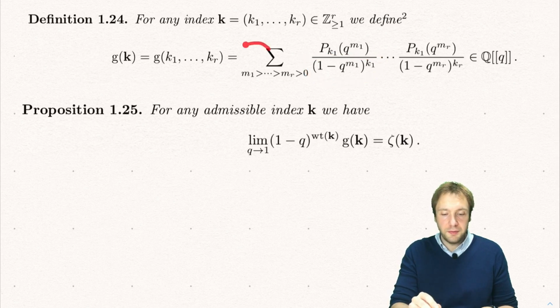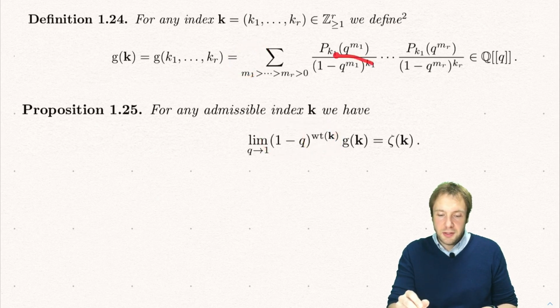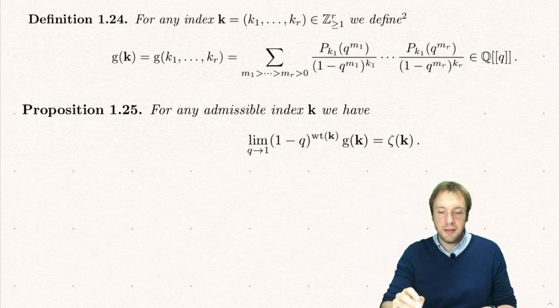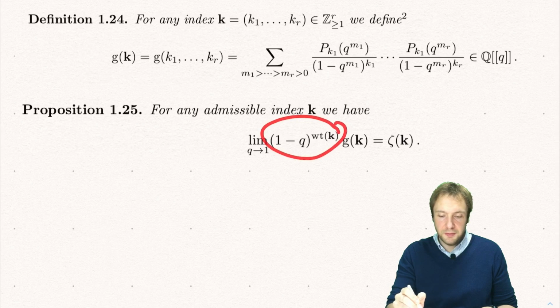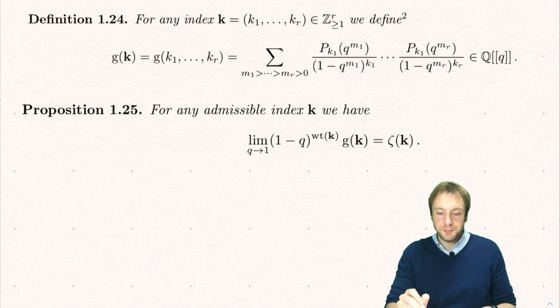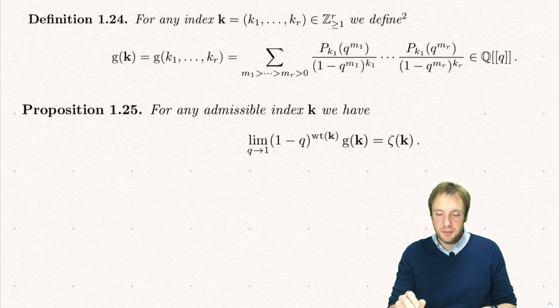And if we multiply this by (1 minus q) to the weight, then each of these gets a factor (1 minus q)^k. So if I multiply this and put it in here, then I will always have here the q-integer of m1 up to the q-integer of mr, and sending q to 1, and together with some argument I can put the limit inside the sum, we can show that for an admissible index k, the limit goes to the multiple zeta value zeta(k).